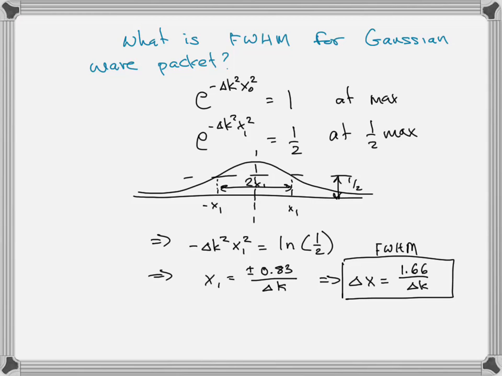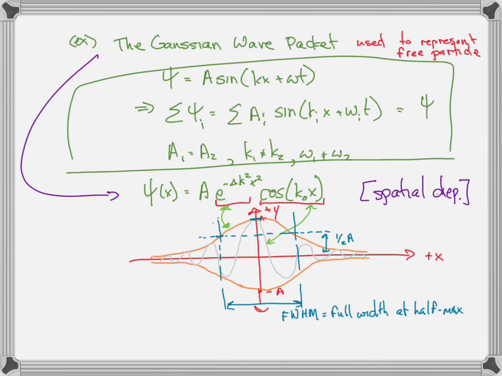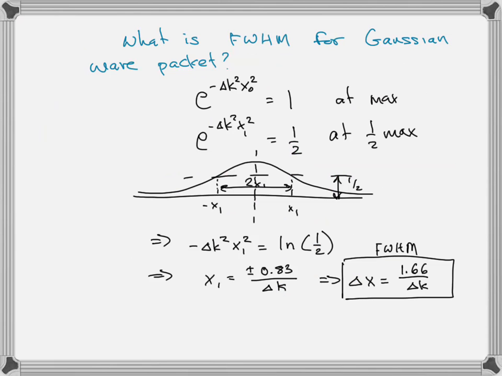And we can go one step further. Delta k has to do with the spread of wave numbers of the wave functions that we've added together. It's not 0, it's not 1, it's just the spread. We can rewrite this as delta x times delta k equals 1.66.